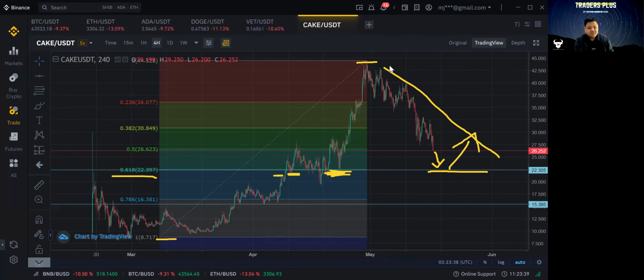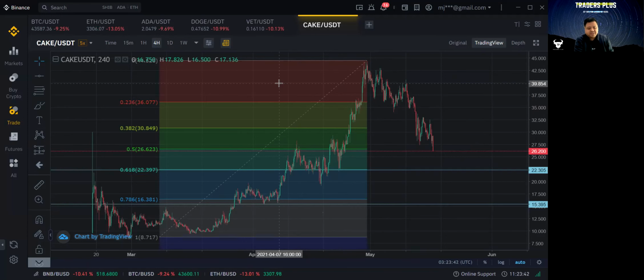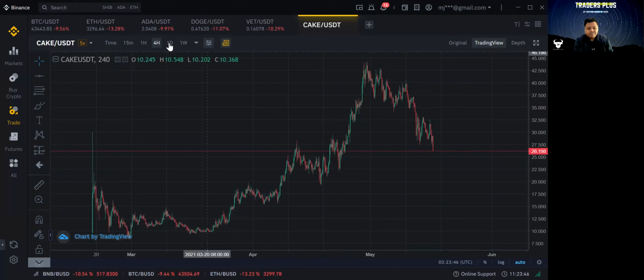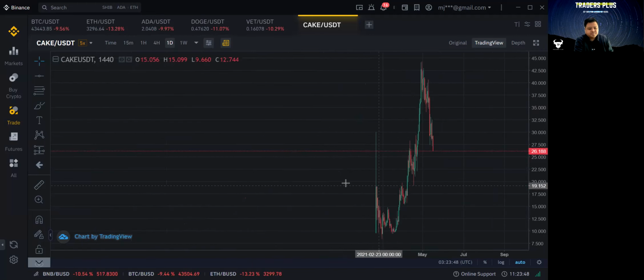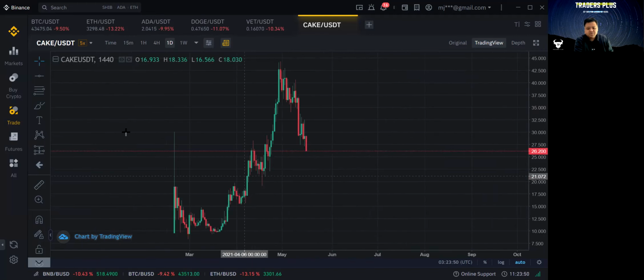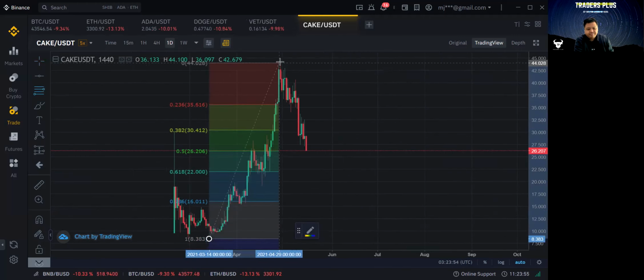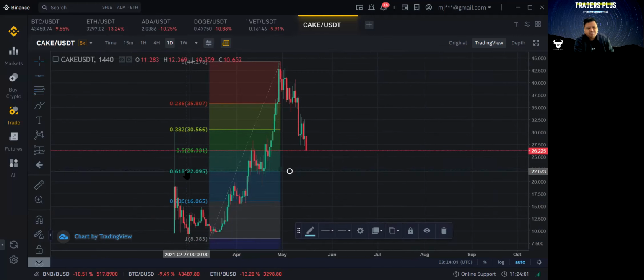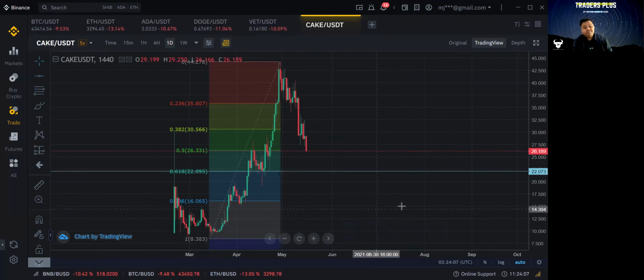Alright? Now, let's try to check its daily. Okay, so remove ko lang to. Mas madaling i-FIBO yan. There you go. Alright. So, the possible pullback can extend all the way here, 22.095.